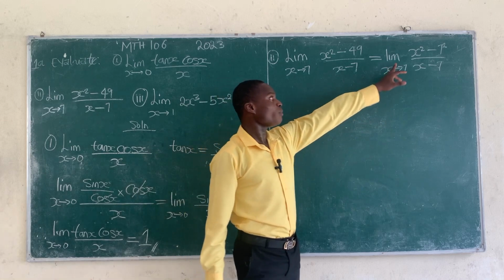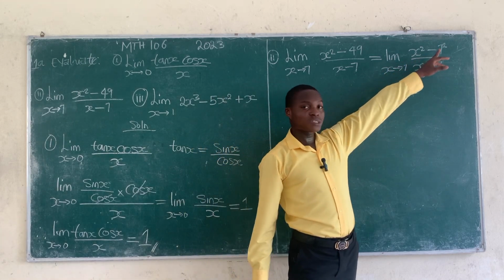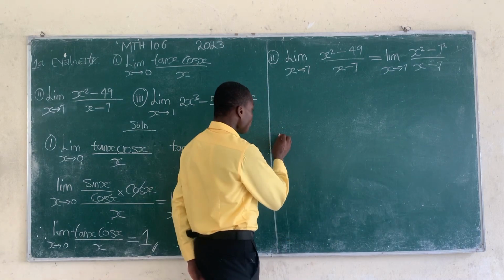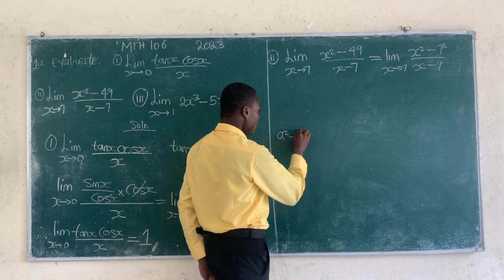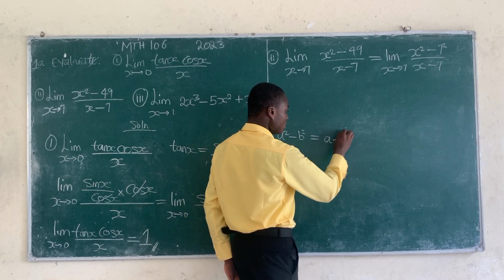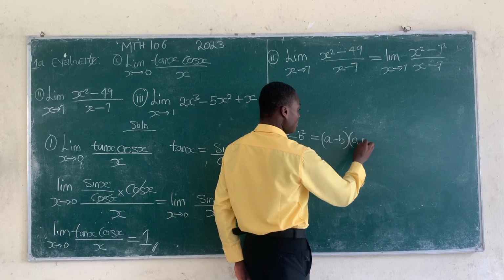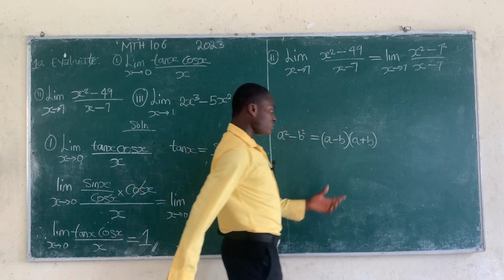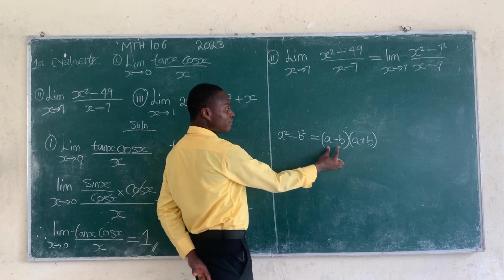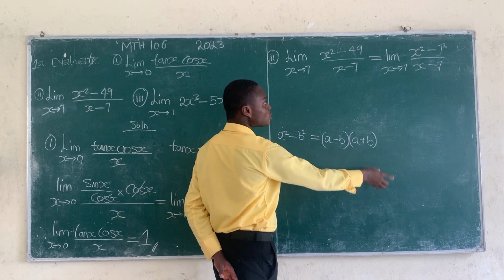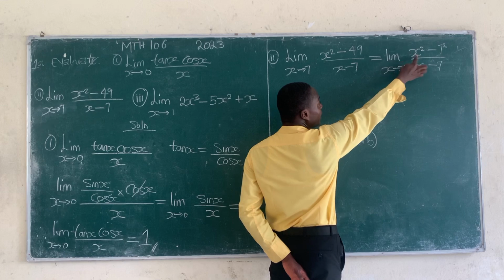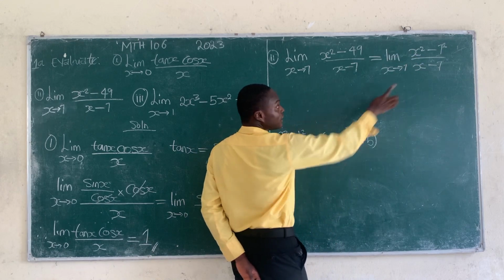We know that if we have a squared minus b squared, this is the same thing as a minus b into a plus b, which is known as the difference of two squares. We are going to apply that same principle here. Our a now is x and our b is 7.